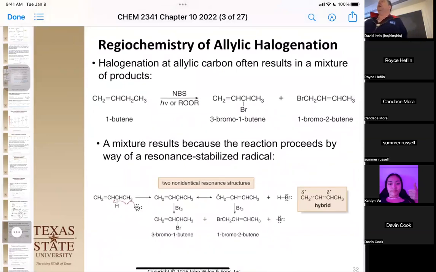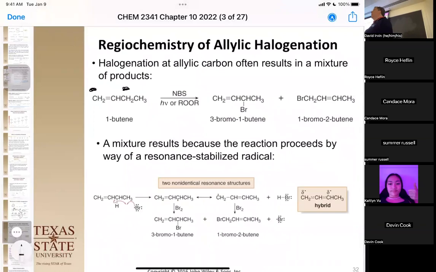In this case here, because you're generating your allylic radical, remember it is resonance stabilized, so it has a resonance hybrid. Okay, and in this case, the resonance hybrid spends part of its time over here and part of its time over here.